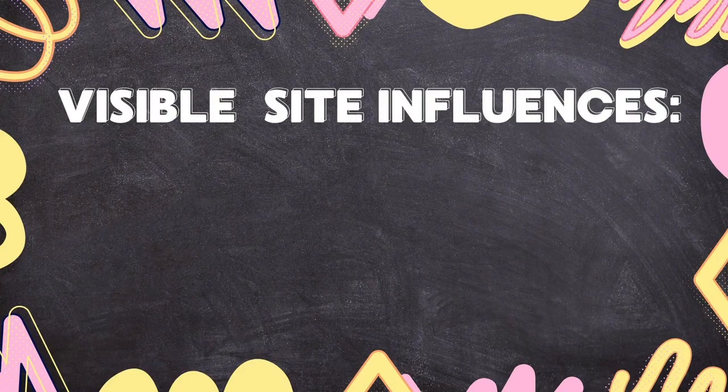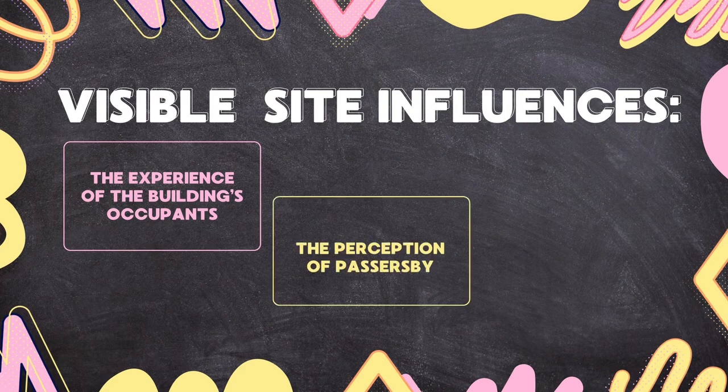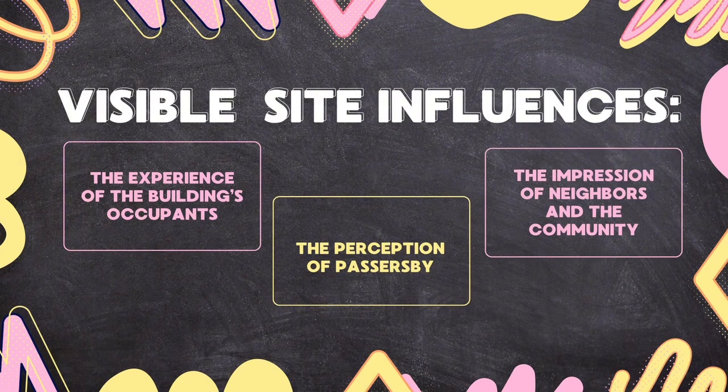For example, kung nindutin mong building pero bati ang surroundings, people will still have a negative impression, since the visible site influences the experience of the building's occupants, the perception of passersby, and the impression of neighbors and the community.